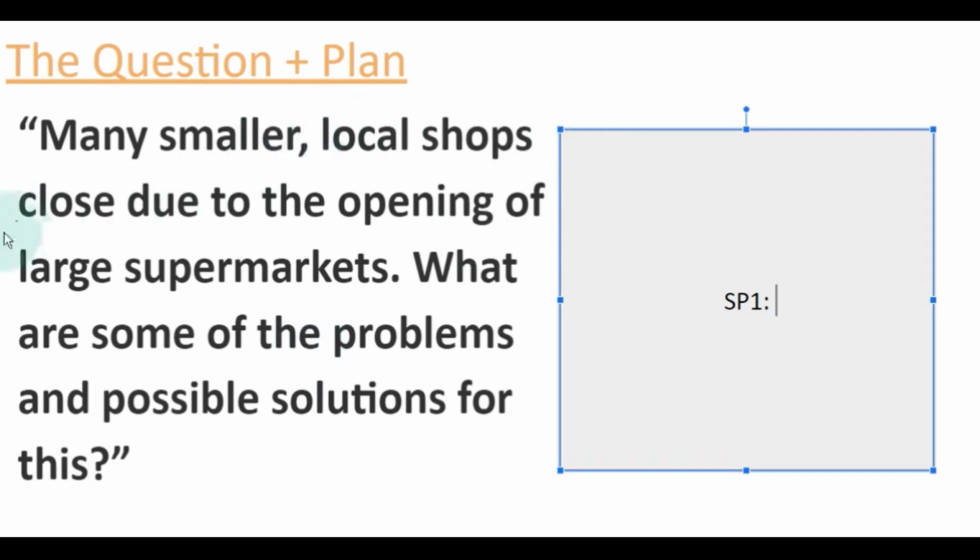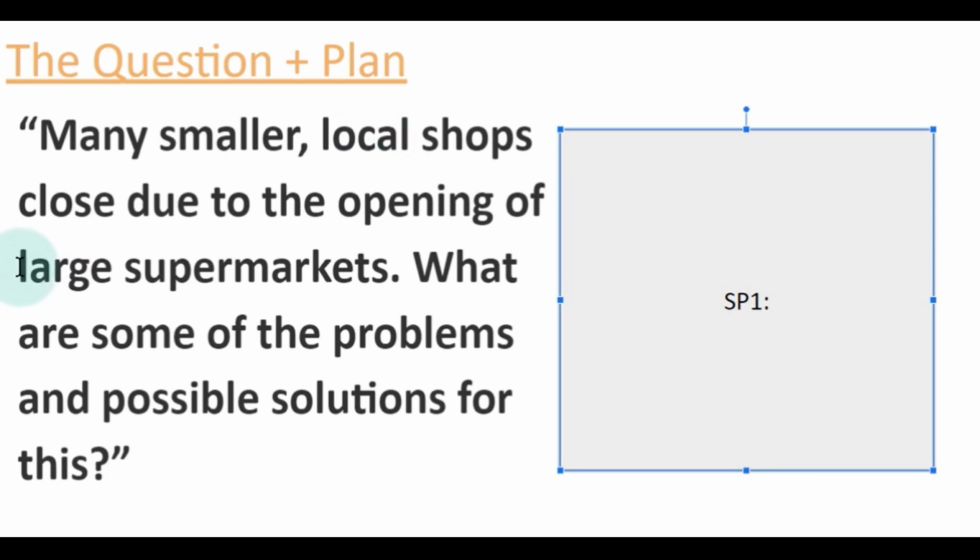So local shops closing, large supermarkets. Now, one of the great things about large supermarkets is there's probably more and cheaper products, but that's not what we're looking at. We're looking at the problems, smaller and local shops. I would say that these smaller and local shops are better for the local economy, where they're from.